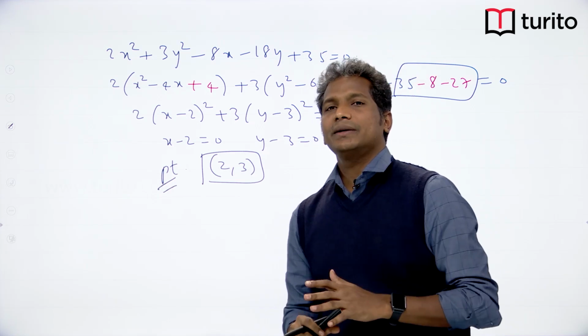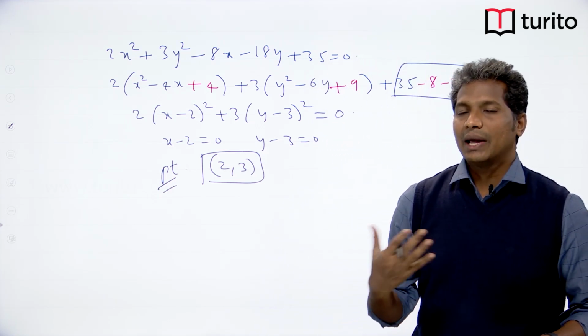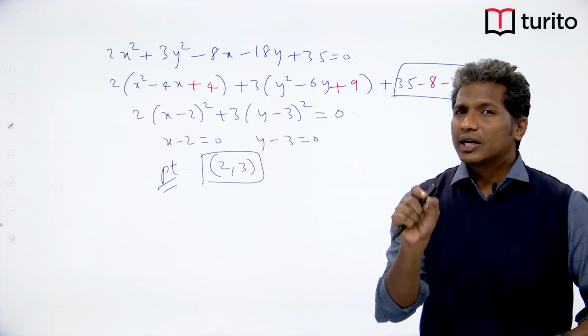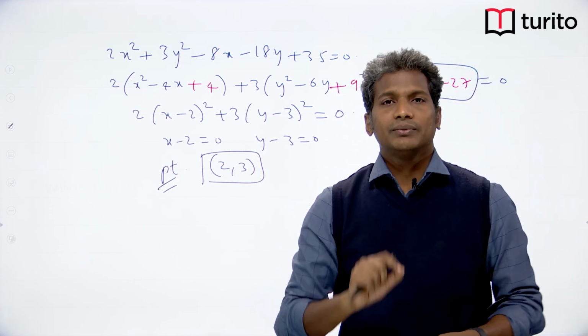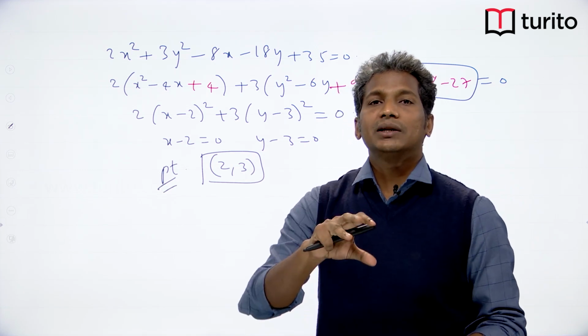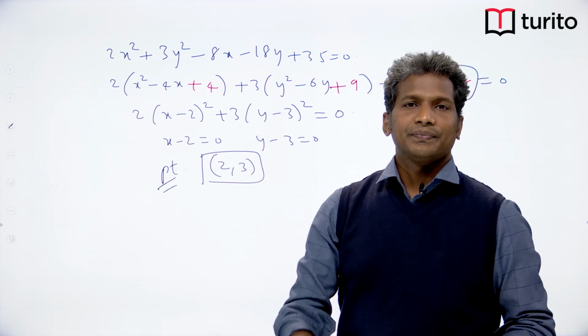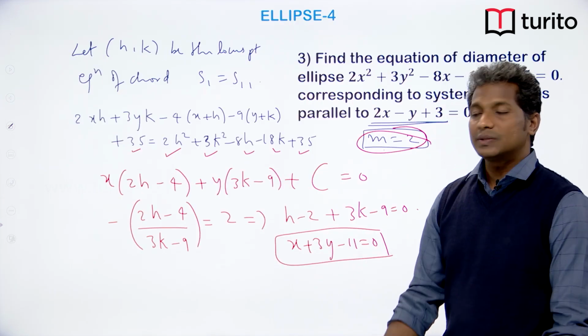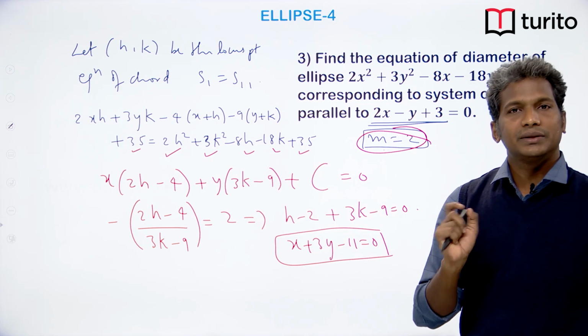If it is a point, how can we get a diameter? It is not possible. But if you are treating the point as a curve, the diameter also must be a point. So, whatever is the equation that we got earlier, this must be satisfied with this point.